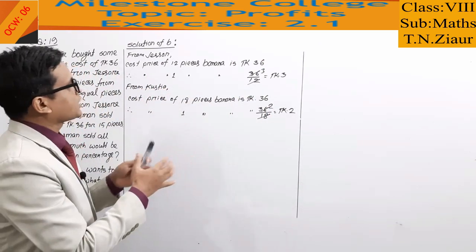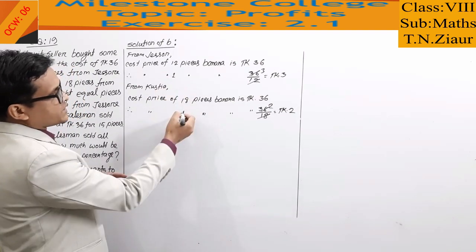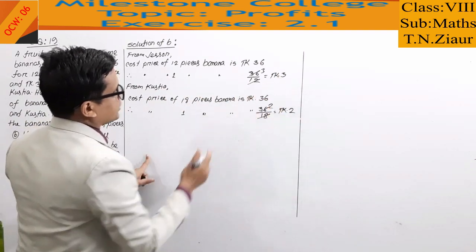So the total cost price of 1 plus 1, that is 2 pieces, will be 3 plus 2 taka, that means 5 taka.